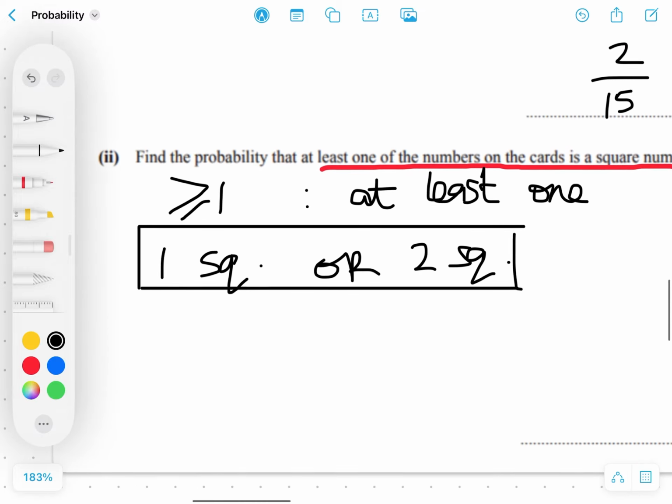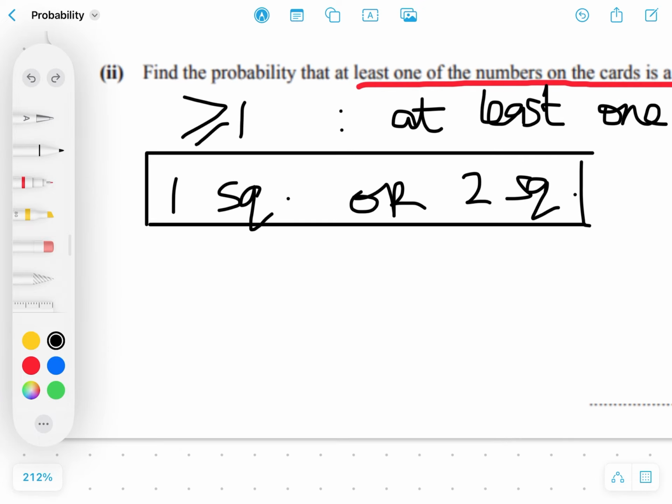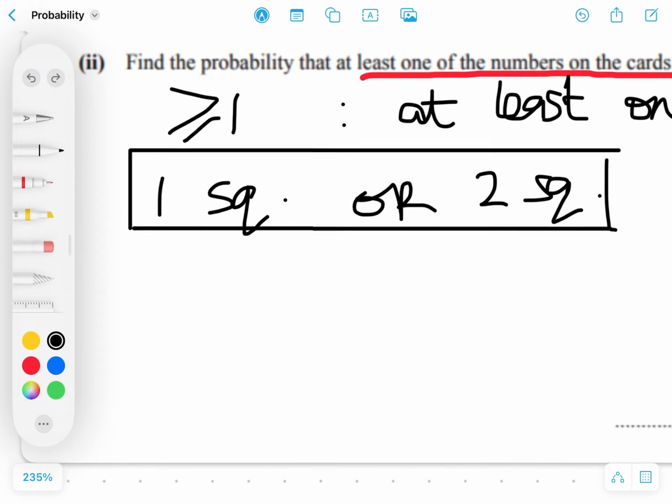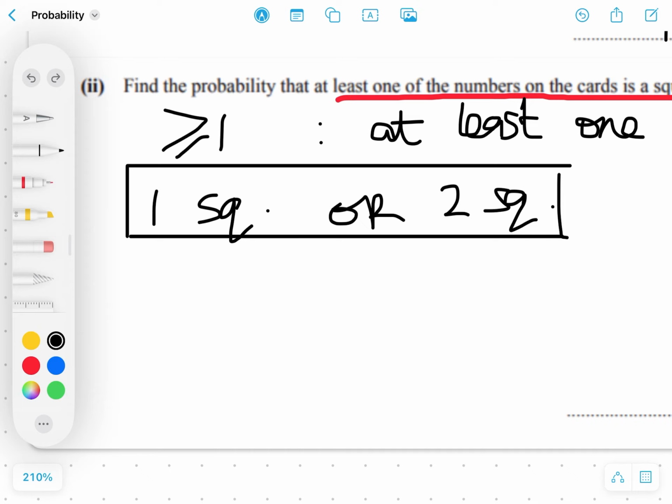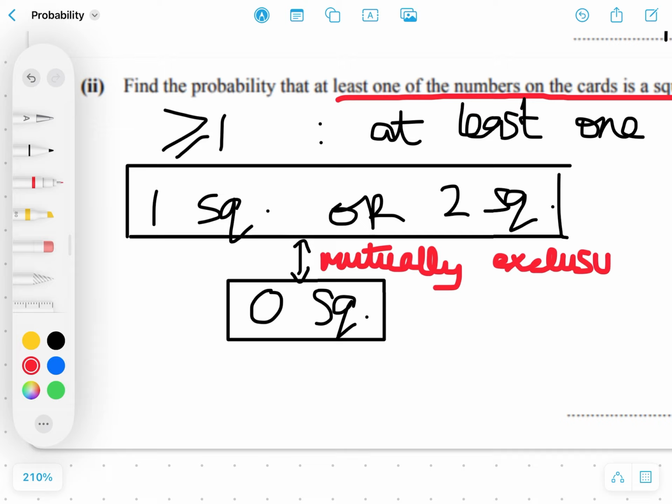Now we could find the probability of obtaining 1 square number and then add it to the probability of obtaining 2 square numbers. Or you could remember the mutually exclusive formula, which I talked about in my other probability video. If she doesn't choose 1 square number or 2 square numbers, she must have chosen 0 square numbers. That's her only other option. And these 2 events are mutually exclusive, which means they cannot occur at the same time.